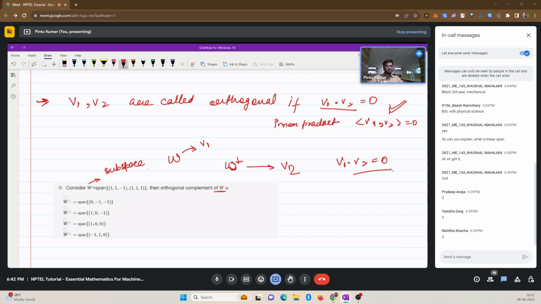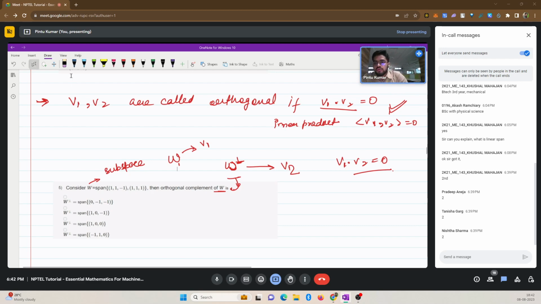If this is satisfied, then W perp is the orthogonal component of W. So every vector in W perp, if you take its dot product with any vector in W, the dot product should be 0. This is what is meant by the orthogonal component.